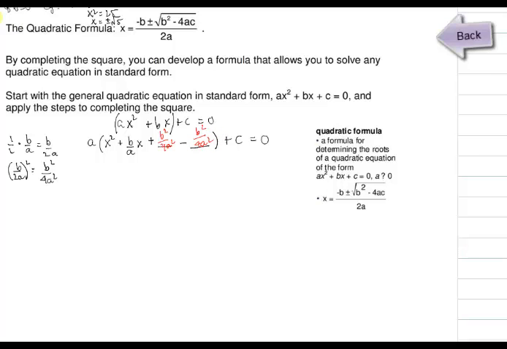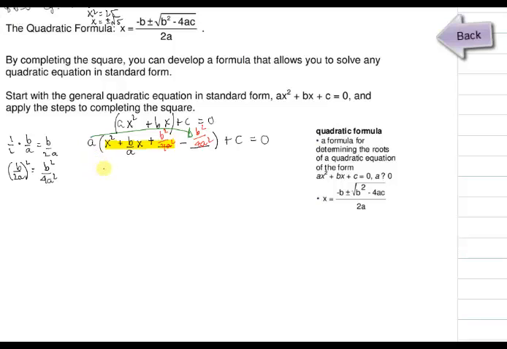Okay, so the next thing I'm going to do, I am going to distribute the a over the negative b squared over 4a squared, and I'm going to pull it out of the bracket and combine it with the c over on this side. And at the same time I am going to factor my perfect square trinomial.